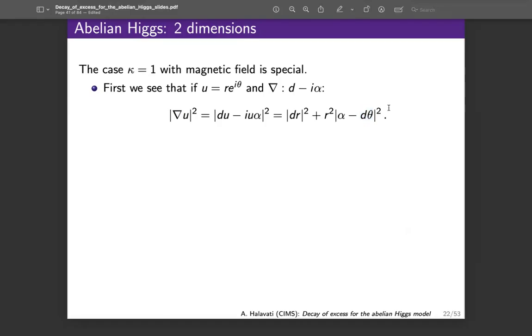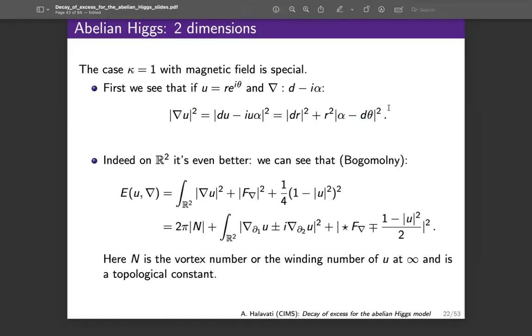And there is also something much more beautiful when kappa is equal to 1, which is actually a classical observation due to Bogomolny: if you think about this energy in just 2 dimensions, so basically it's the same as when we're thinking about the Allen-Cahn solutions for just the ODE in 1 dimension, if you do a completion of squares, you can see that this energy is a topological constant, thus a positive integral.